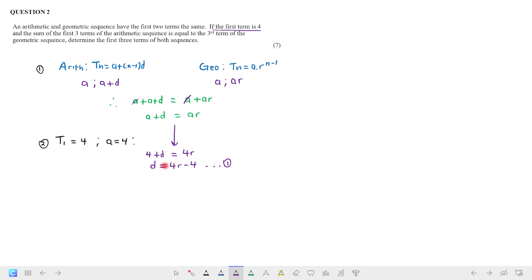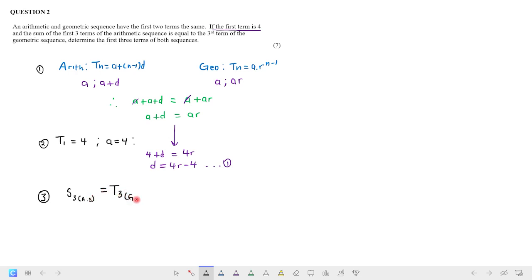So we'll be looking at both of these so that we can see whether they can help us. Then the next sentence says, and the sum of the first three terms of the arithmetic sequence is equal to the third term of a geometric sequence. Now, this third sentence says the sum of the first three terms, S3, of the arithmetic sequence is equal to the third term of the geometric sequence.